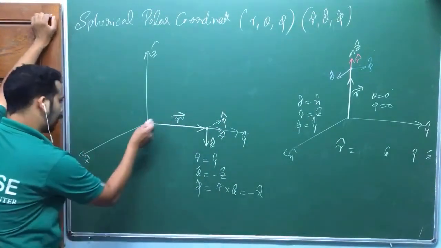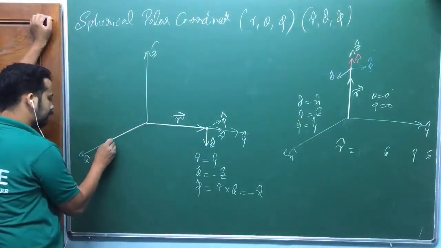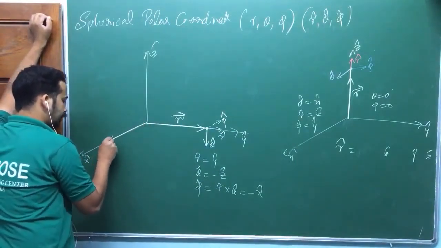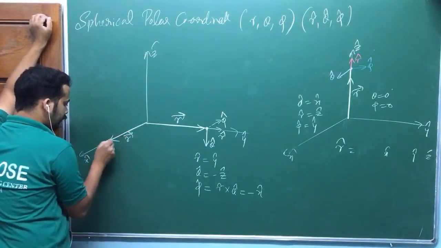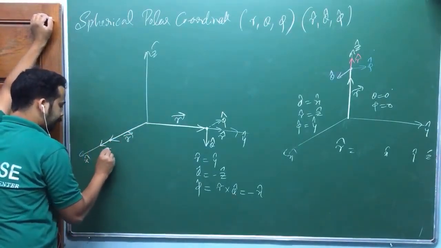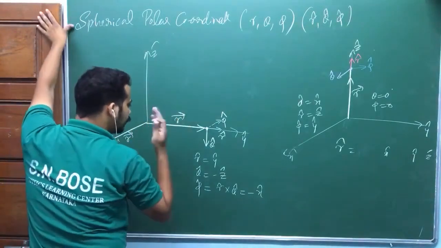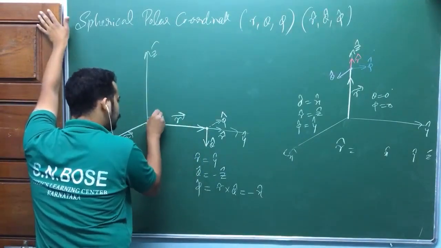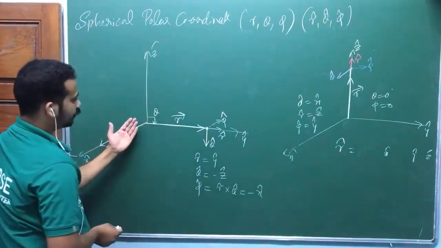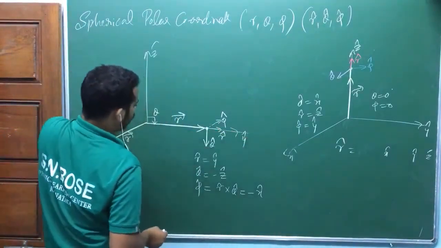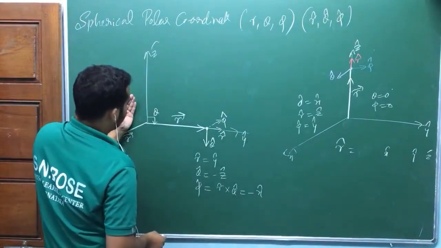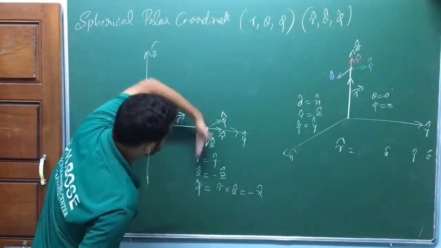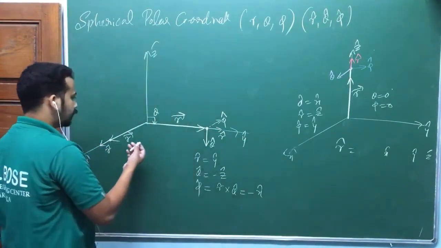Is that okay? Let me take the x-axis, what would happen? Suppose I take a point here. So this is my r vector, and this is my r cap. Now you can imagine this is the theta value, right? Theta equal to 90 degrees. This is how you define theta. If I have to define theta cap, it is in the direction in which you measure this theta, that's how I feel comfortable, okay?